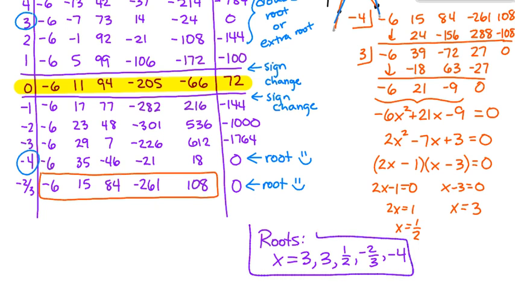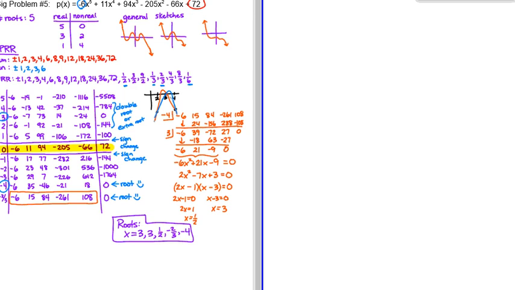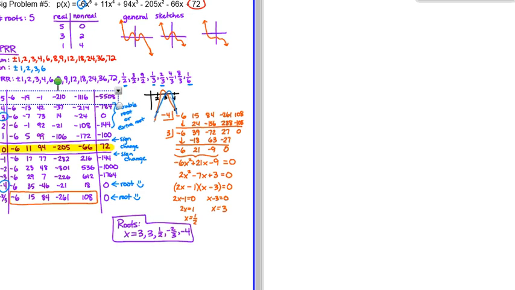Okay, next thing we're going to do is draw the graph. And so let's get a new piece of paper for that. And let's see if we can see both at the same time. Okay. So you want to look at your x coordinates that you used, numbers like 0, 1, 2, 3, 4, 5, negative 1, 2, 3, 4, 5, etc. And you want to look at the y values, the remainders that you found.